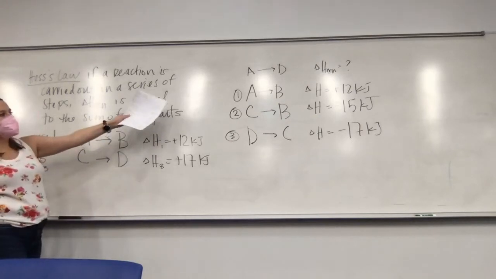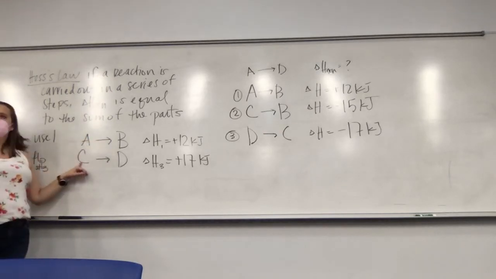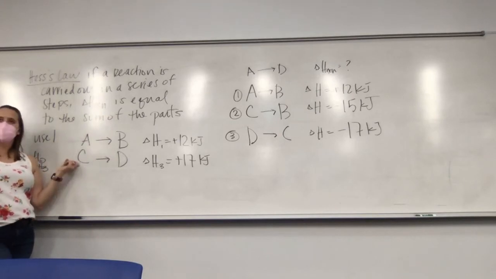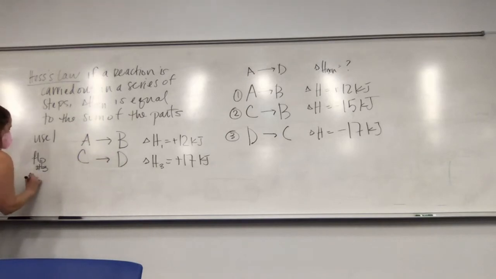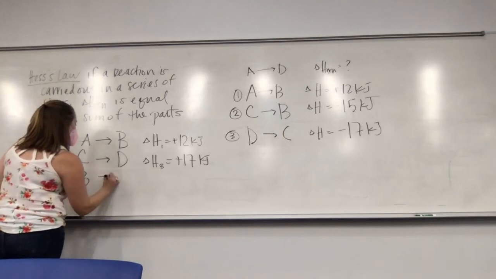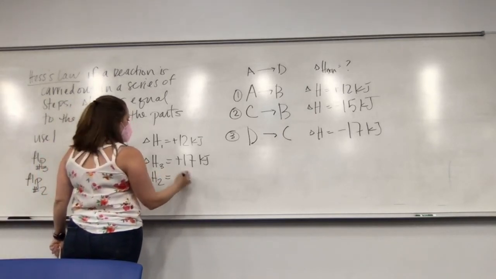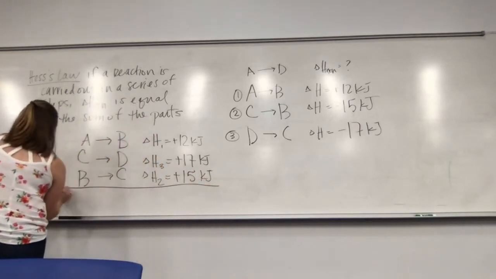So for equation 2, we need to flip that one as well, because we need to get the B and the C to cancel out, and as it's written, we will end up with A plus 2C, 2 B's, 1 D. So we're going to flip number 2, and that's going to give me B goes to C, and delta H2 is now equal to plus 15 kilojoules.